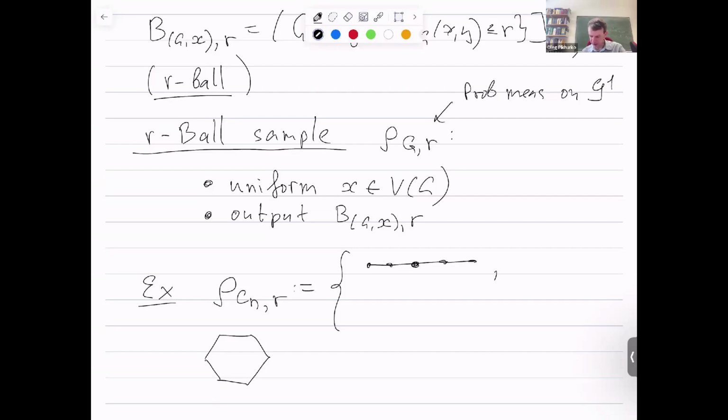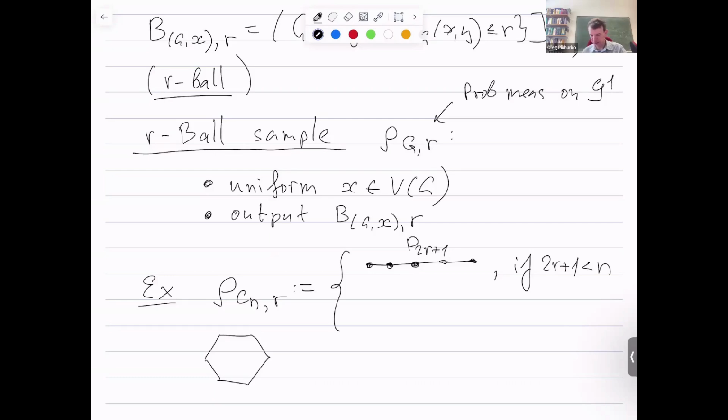Or in terms of vertices, this will be a path with 2r plus 1 vertices, because I just use index for the number of vertices. So this happens if I don't exhaust n. If 2r plus 1 is smaller, I also have to say it should be smaller than n.